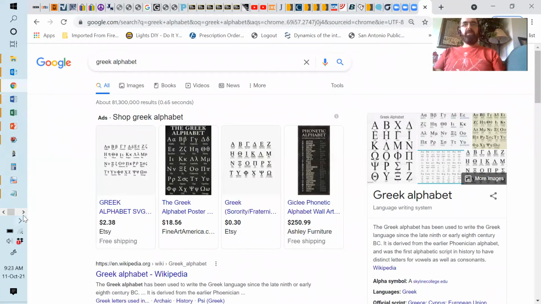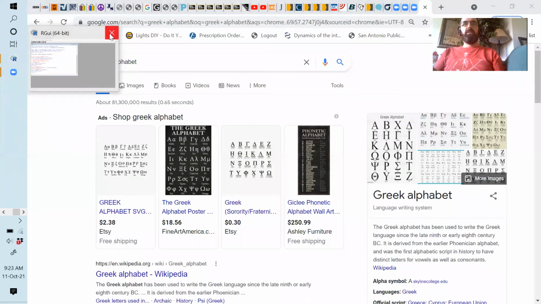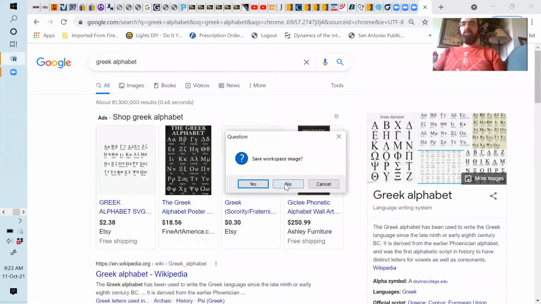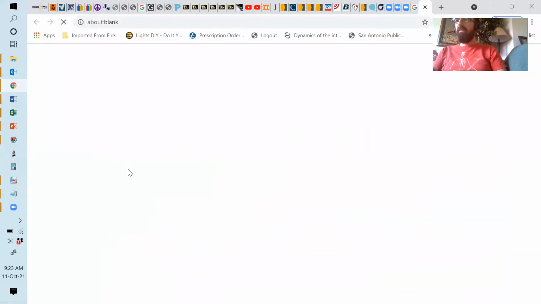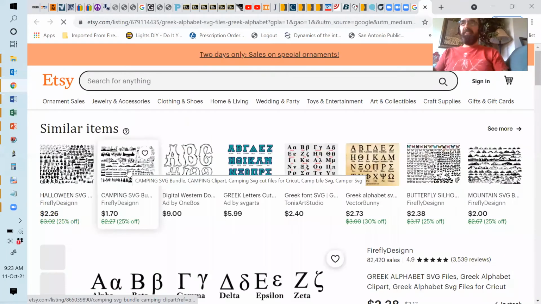Oh, I'm getting warnings from my computer. Let's close down this. Probably because of the amount of tabs I've got open. All right, so I need lowercase. There we go. Yeah, they're very funny.